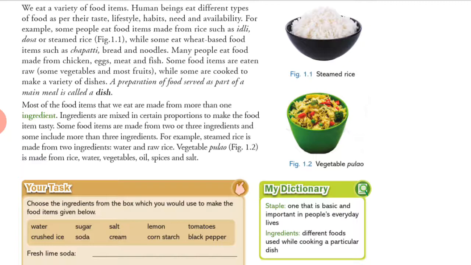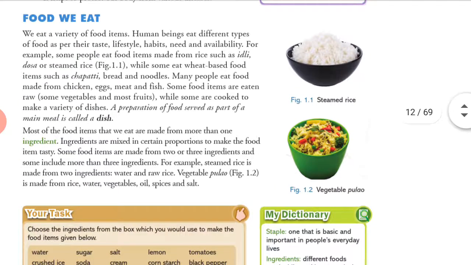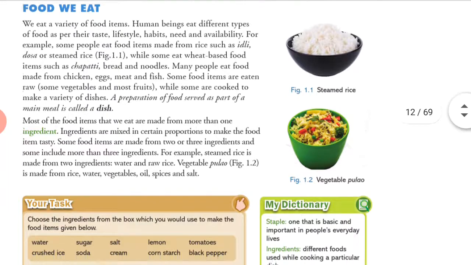Vegetable pulao is made from rice, water, vegetables, oil, spices, and salt. Got it? The choice of food we eat will totally depend upon where we live and what the availability of food resources over there is, and as well as our taste also.